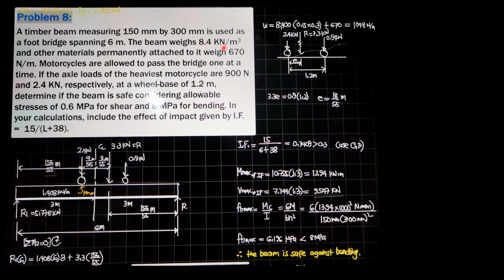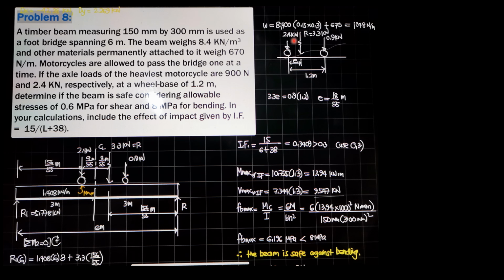So 8,400 newtons per cubic meter times cross-sectional area of the beam, 0.15 meter by 0.3 meter, then plus the uniform load permanently attached to the beam, which is 670, and we'll get 1,048 newtons per meter, or 1.048 kilonewtons per meter. For the distance between the resultant of the loads which stays on the span, the loads will stay on the span.